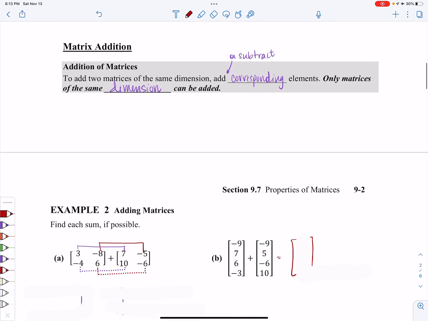All right, we can add or subtract matrices by simply adding or subtracting all of the corresponding elements. Once again, they have to be the same dimension in order to be allowed to add or subtract them.